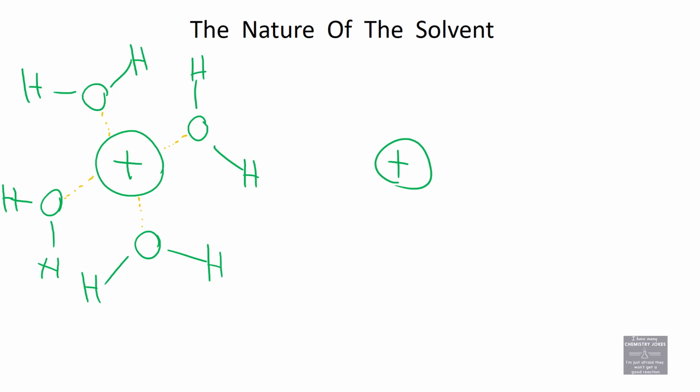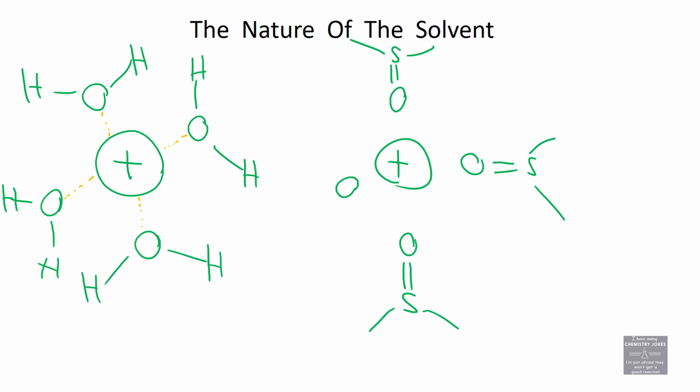Why did I point the oxygen that direction? Because the oxygen is partially negative due to it being more electronegative than hydrogen. We've got a dipole pointed that direction. Hopefully that's kind of old news. If I have something like DMSO, DMSO can do the same thing. That oxygen in DMSO is partially negative, so that partial negative in DMSO can also solvate my cations.